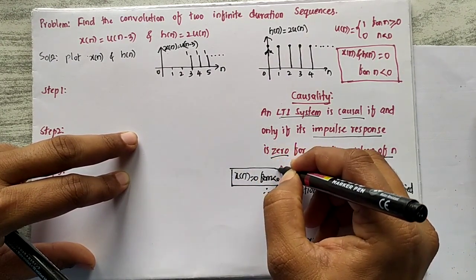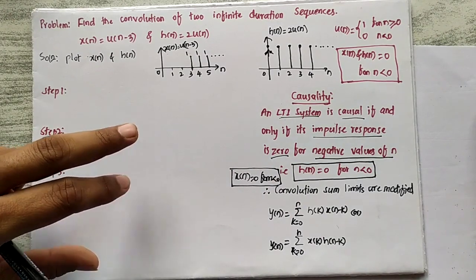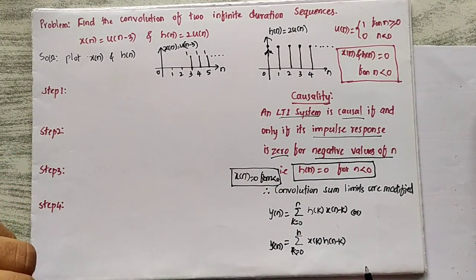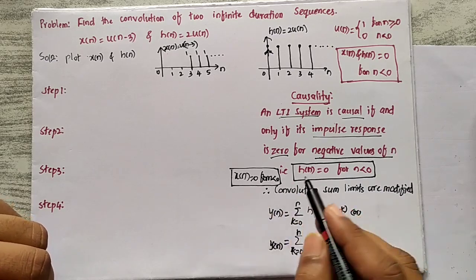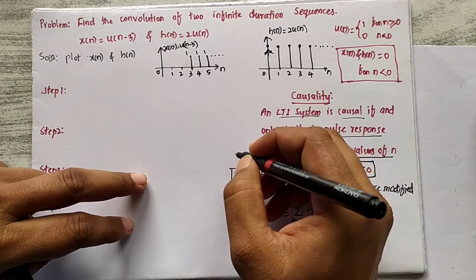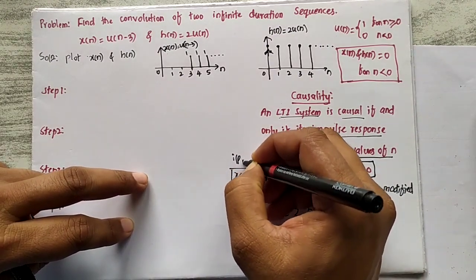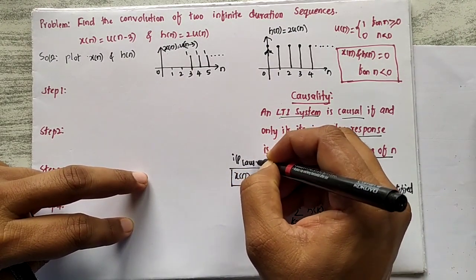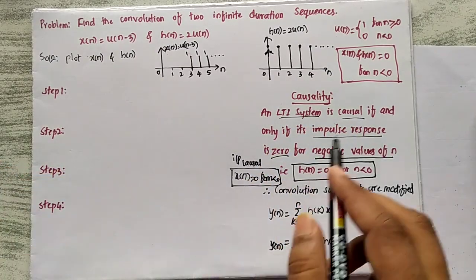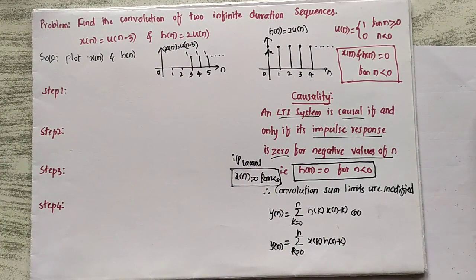This can also be the case because, according to the convolution property we saw in the previous lecture, we can interchange x of n and h of n. Here the input signal is causal, and in this case also the LTI system is said to be causal.